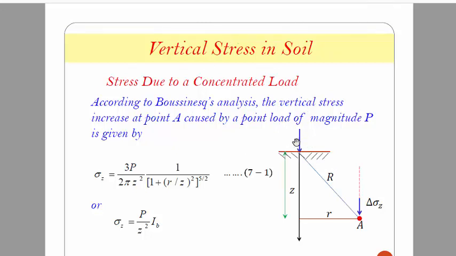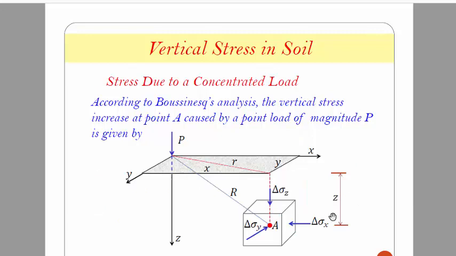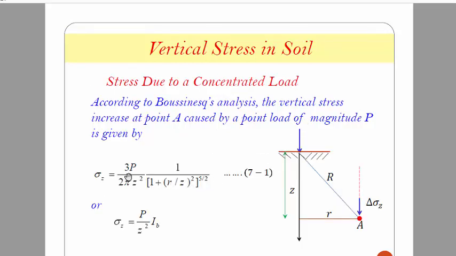Due to the applied point load P, stress is introduced at A. So what is the formula? That is the stress sigma z. Why do we consider sigma z? Because we apply the concentrated load in the direction of z, not in the direction of y or x. So the formula is sigma z equals 3P divided by 2 pi z square, multiplied by a term in r and z.